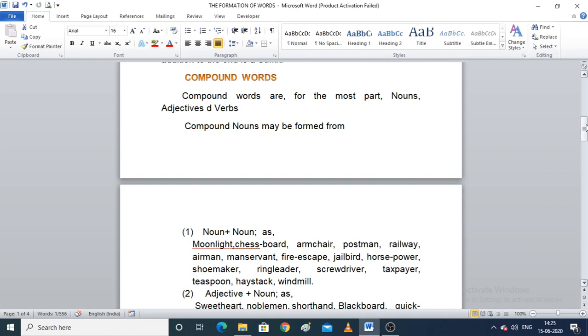As you all know, I have told you that compound words are formed by addition of two simple words. Those two simple words could be in many forms.